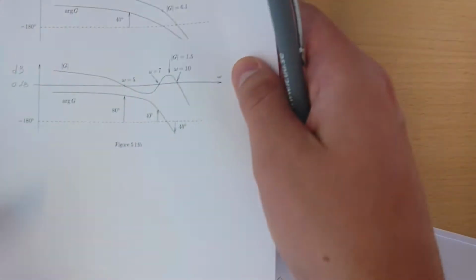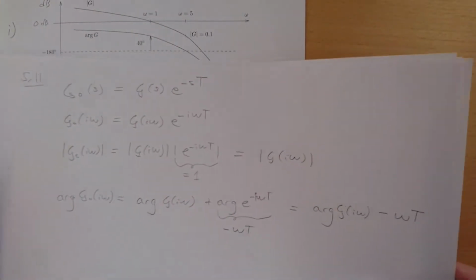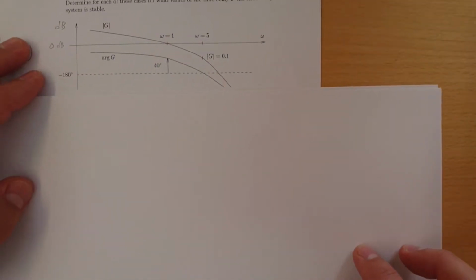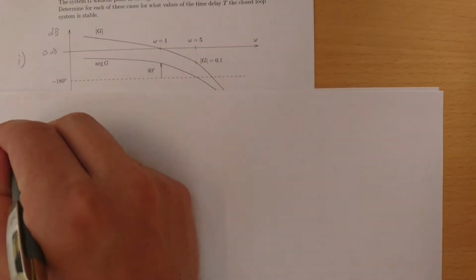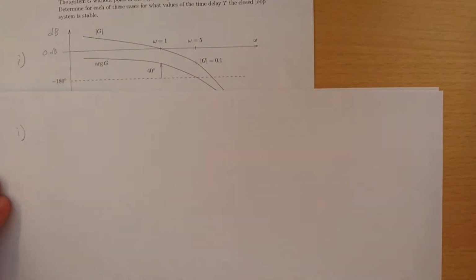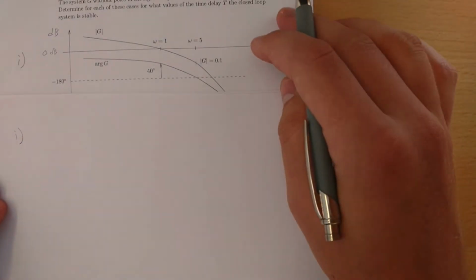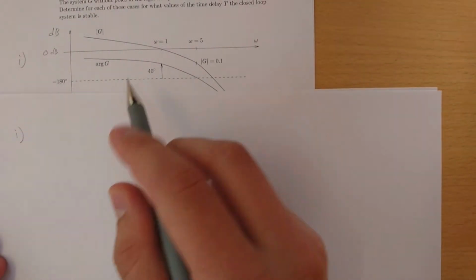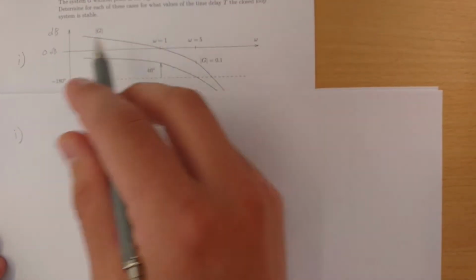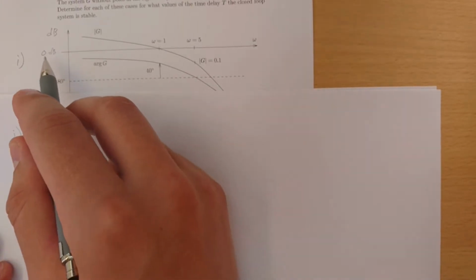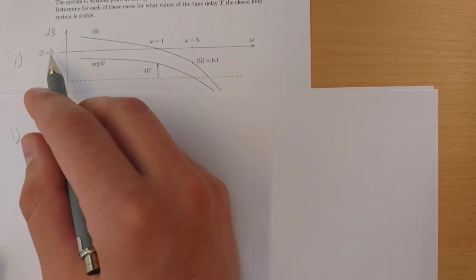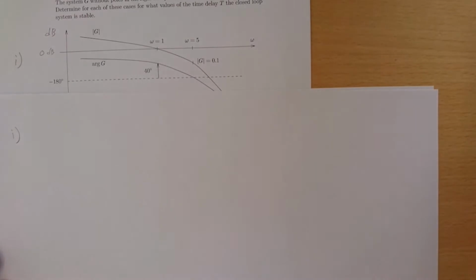So let's look at the cases that we have. Let's start with the first one. I'll take a new paper so we can see this. Okay, so case number 1. And what do we see here? Well, 0 decibel was magnitude equal to 1 in an absolute scale.